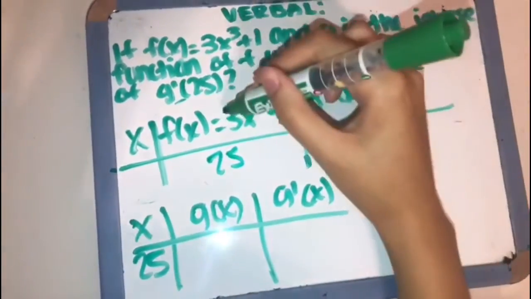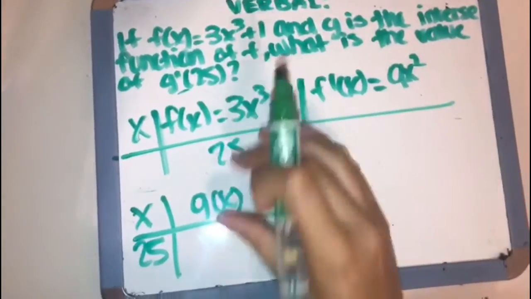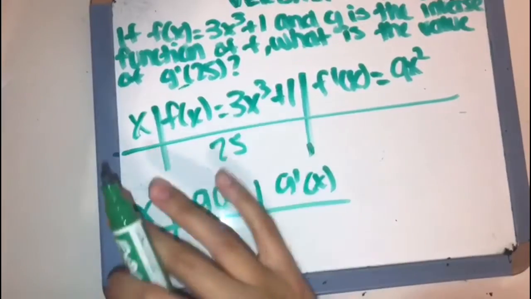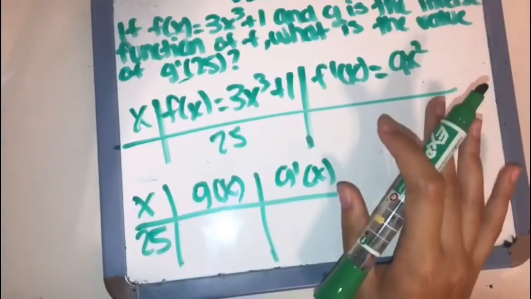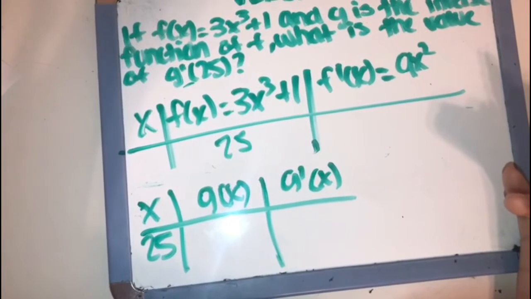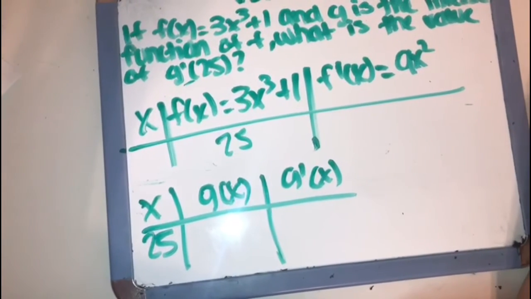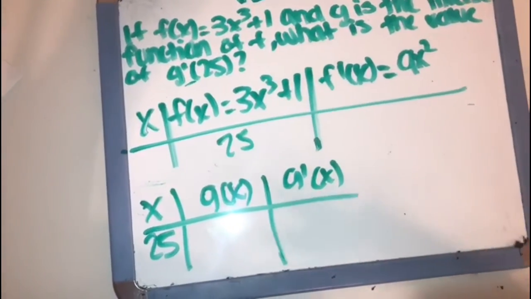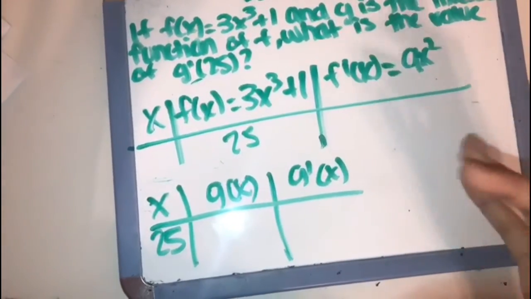Okay, so now it kind of makes sense because I made another table for g of x and f of x. So we have 25 as the inverse and whatever. Sorry guys. Let's try to figure out what we're trying to solve here.